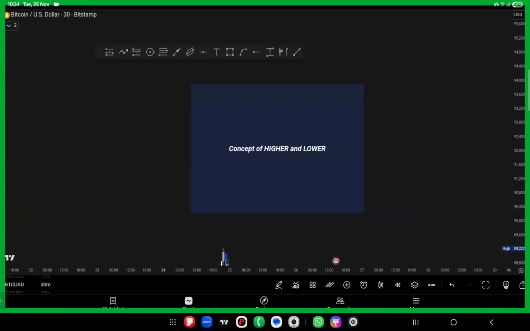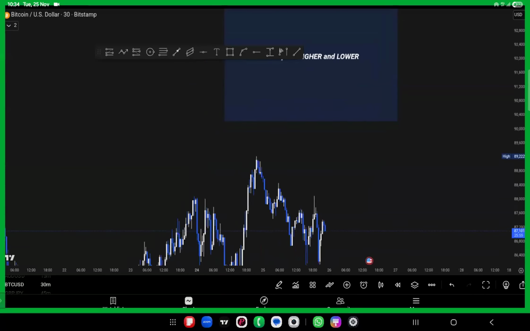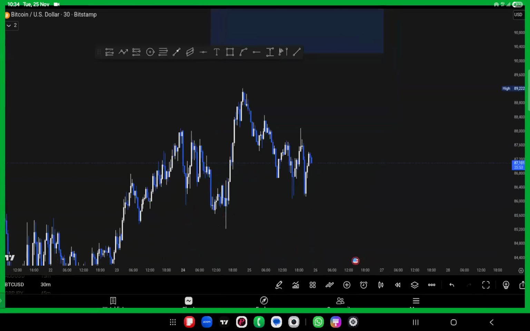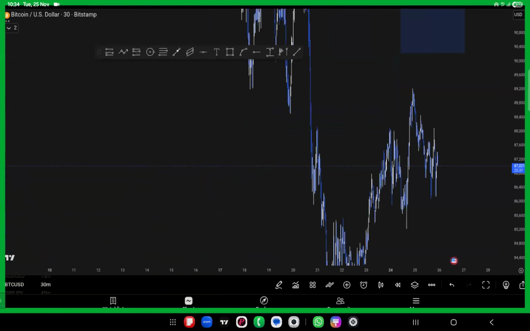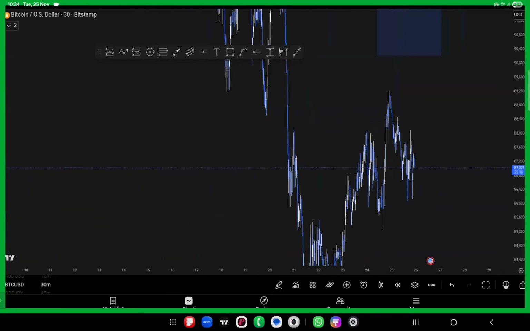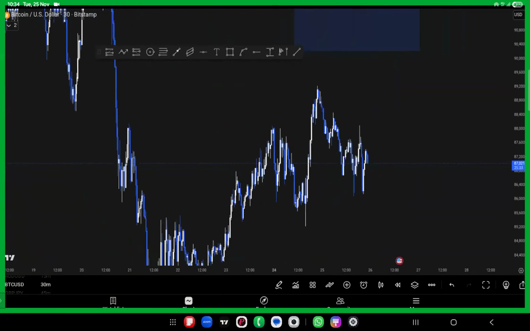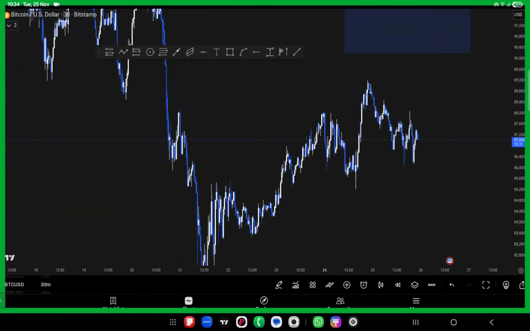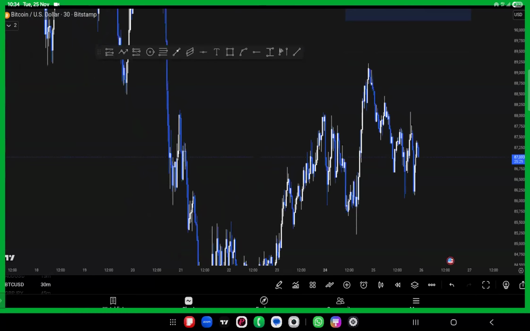Now, to apply this, your focus is based on the recent price action. With that being said, take for instance, over here we have two highs.